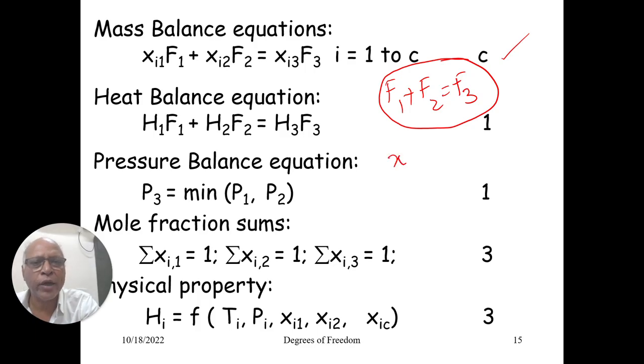For example, if I write component 1, stream 1 multiplied by F1 plus component stream 1 mole fraction of component 2 multiplied by F2 should be equal to mole fraction of component 1 in stream 3.